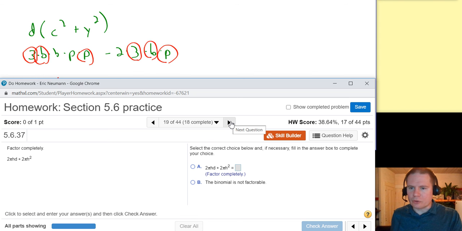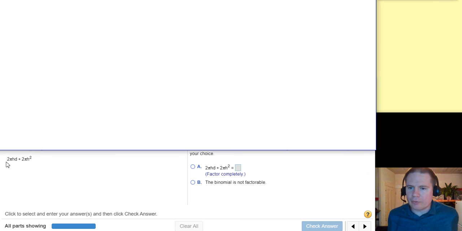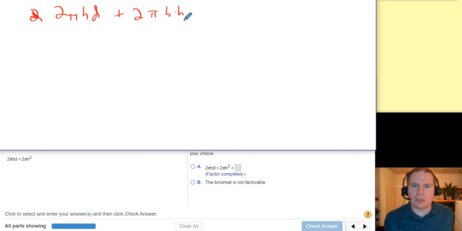Next question, 2 pi. Okay, so here's one that comes from real life. 2 pi hd plus 2 pi h squared. That's the surface area of a cylinder. But you don't need to know that. 2 pi hd has 4 factors, 2 and pi and h and d. 2 pi h squared has 4 factors, 2 and pi and h and h.